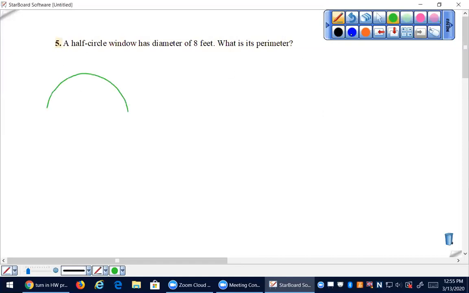No. So here is my shape. It has 2 parts. It has a half circle and a line, right? So for the half circle, circumference is pi times diameter. So that's going to be pi times 8.